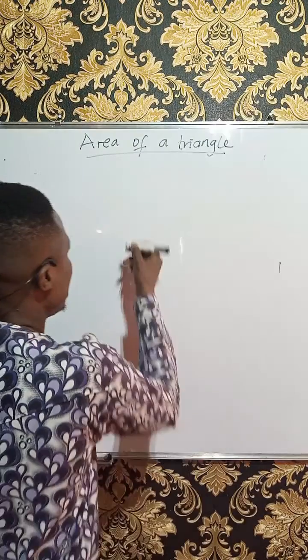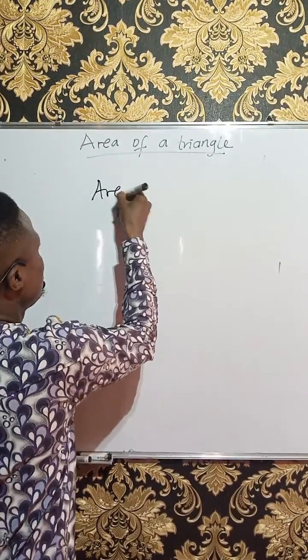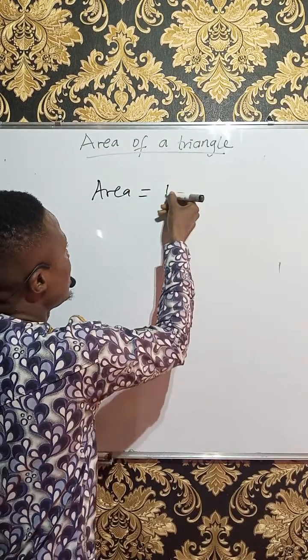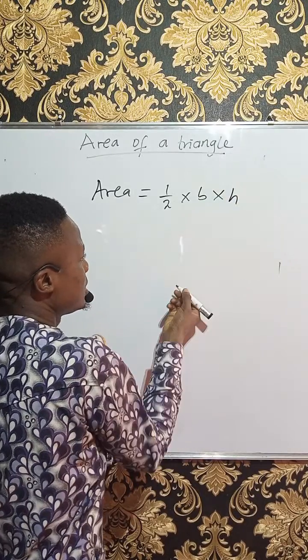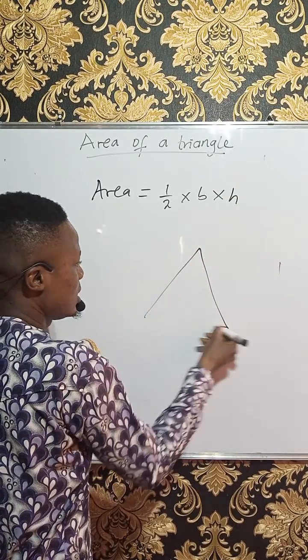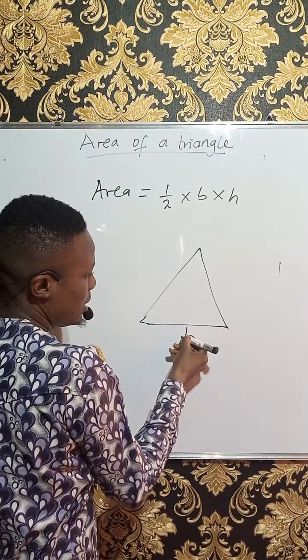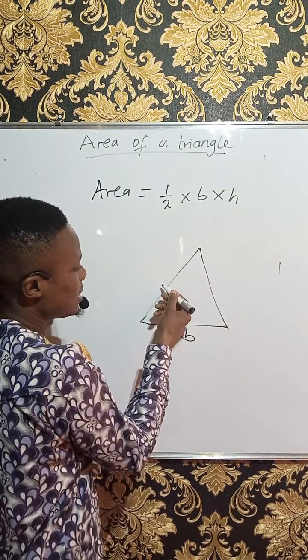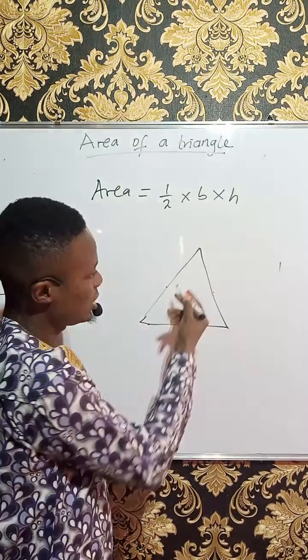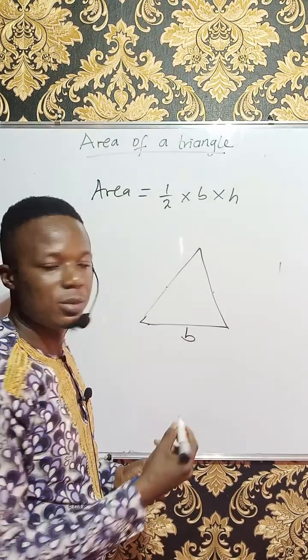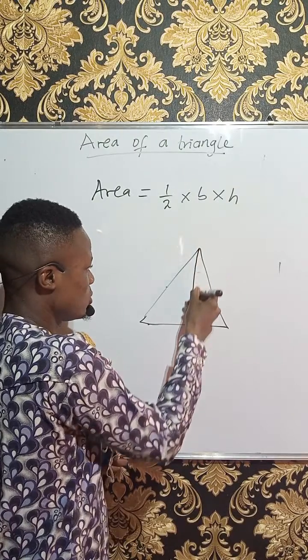Now, there are formulas that are utilized in calculating the area of a triangle, of which this is part. We can have the area of a triangle equal to half multiplied by the base multiplied by the height. When you have a triangle like this, this is the base. Please, this is not the height. This side and this side are not the height of this triangle because they are slanted. For anything to be height, it must be vertical.